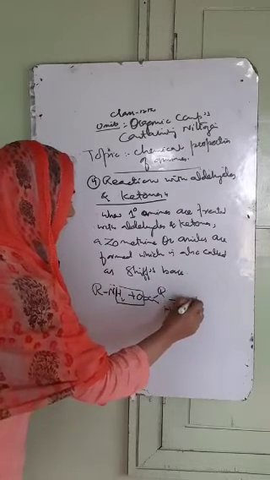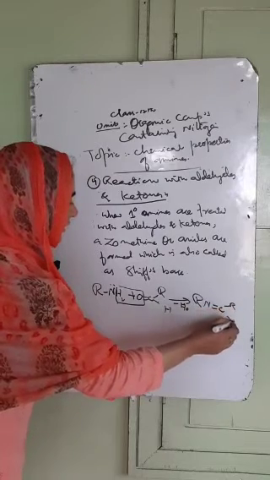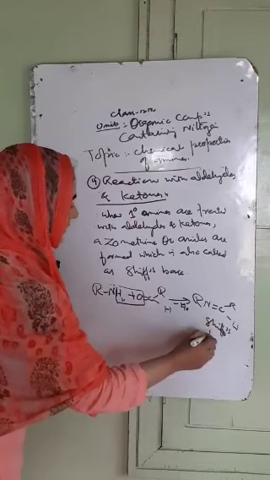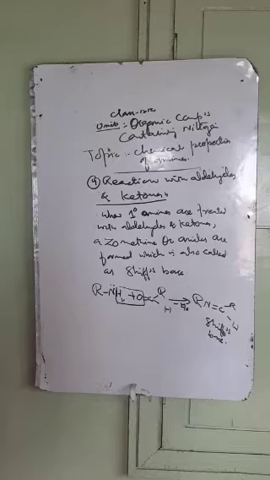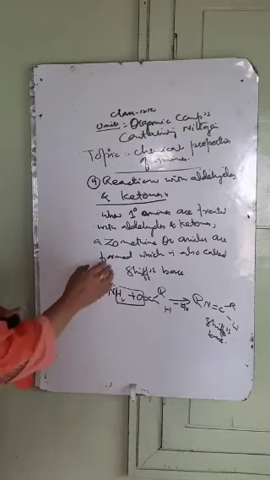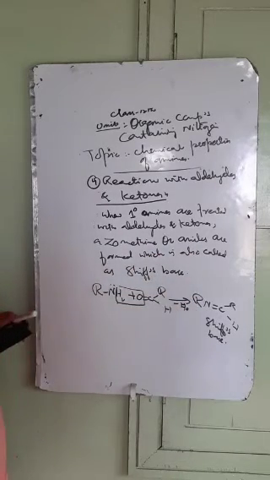Water is removed and we have RN double bond CHR. This is Schiff's base. So you have the reaction of the primary amines with aldehydes and the ketones via the azomethine. This is called azomethine or anyl, or it is also called the Schiff's base.